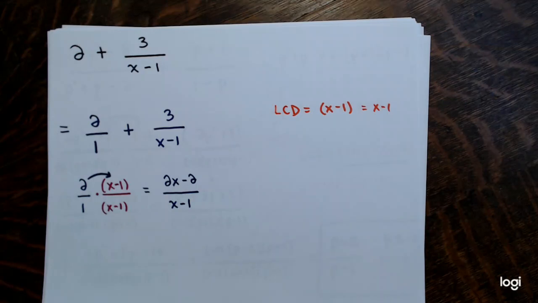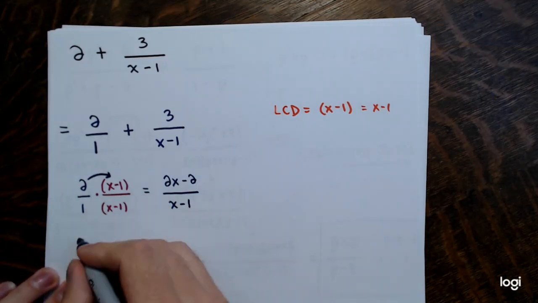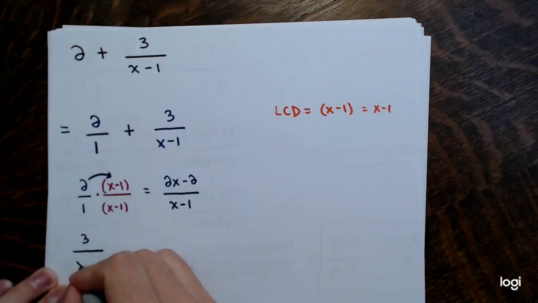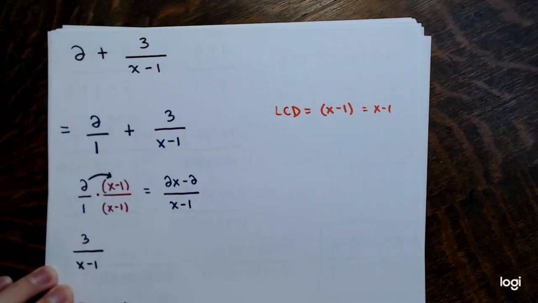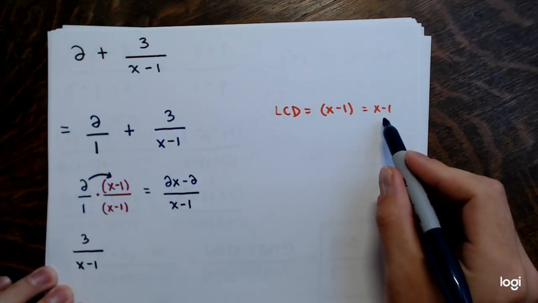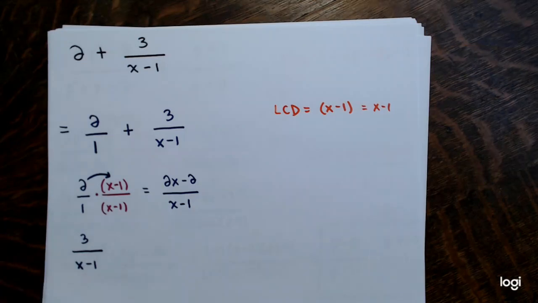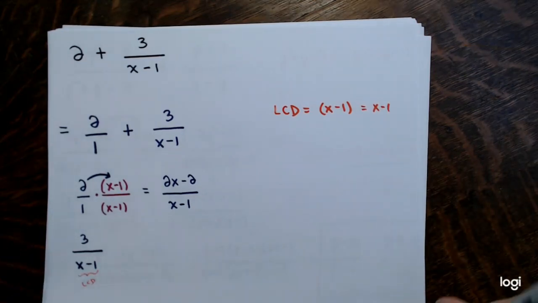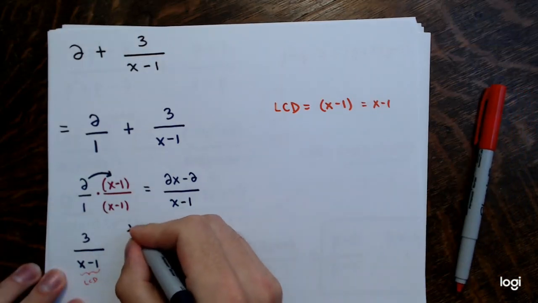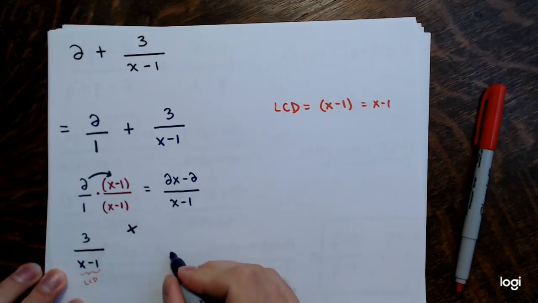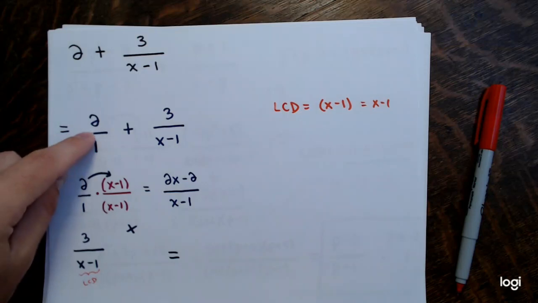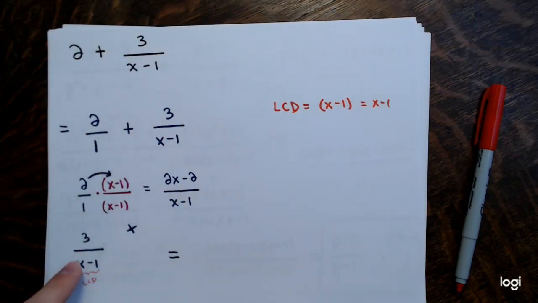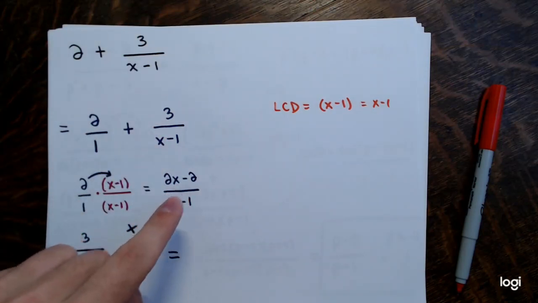Great. The other fraction, 3 over x minus 1, is already done. The denominator is already the LCD, 1 times x minus 1. And so now we're adding these. So this fraction became this, this fraction stayed the same, and we're adding them.